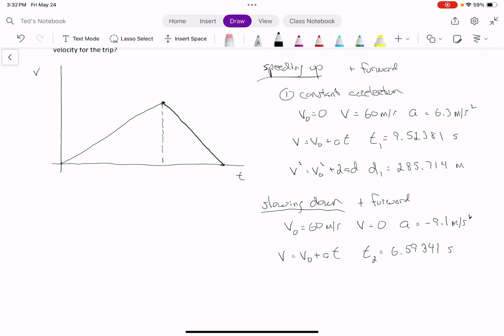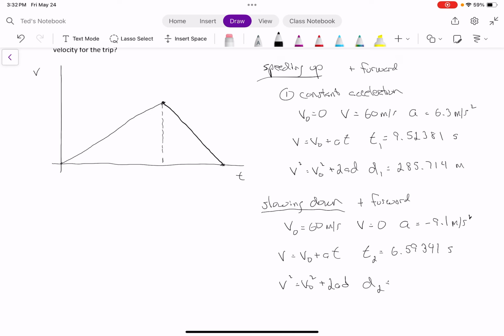And to find the distance, again, we can use v squared equals v0 squared plus 2ad. v squared is 0, and that's equal to 60 squared, v0 squared, plus 2 times negative 9.1 times d. So we can do the algebra and solve that.